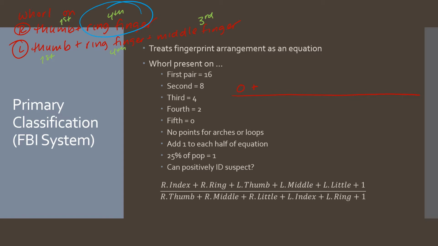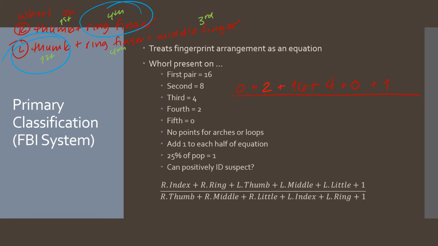So right ring finger, that's the fourth digit. That counts for 2 points. Oh, I changed my red on accident. Oh well, okay. Left thumb, yes, I did say that the left thumb had it. The thumb is the first digit. It's worth 16 points. Left middle finger is worth 4 points. And left little finger is worth no points anyway.